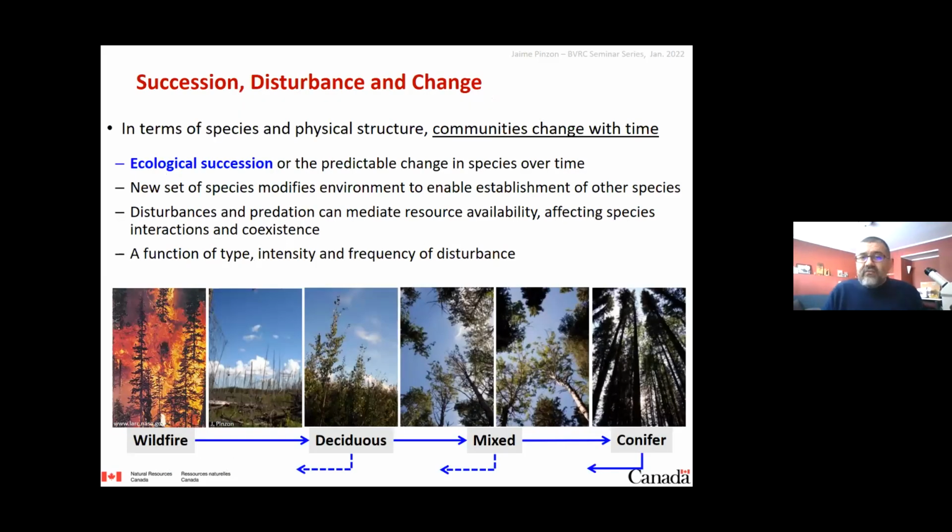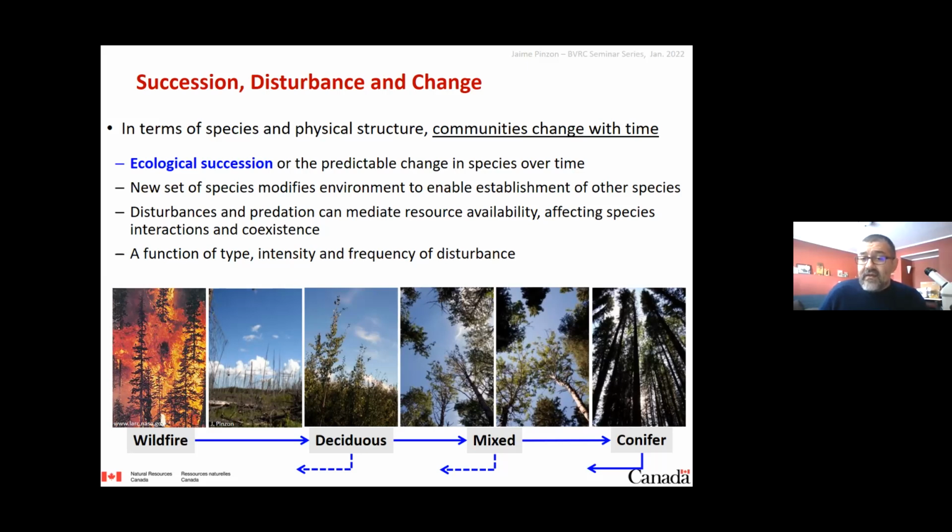So this brings us to the idea of succession and disturbance, and of course change, right? It's quite widely known, this overly simplistic view of succession in the boreal forest, where we have a wildfire, and shortly after the wildfire, you have aspen suckering. So you start building up these deciduous-dominated stands, which with time will start regenerating some spruce in the understory.